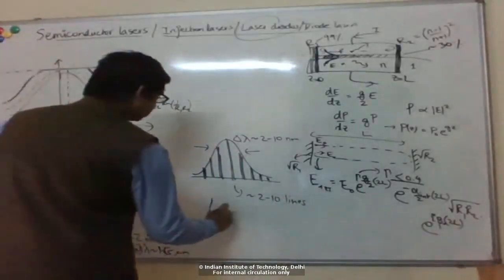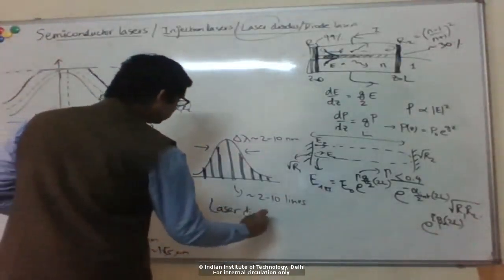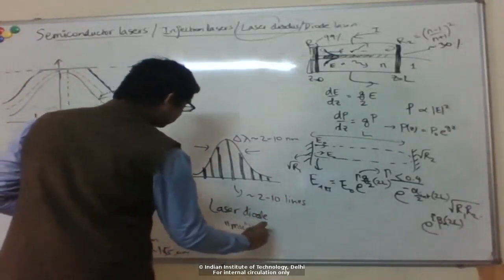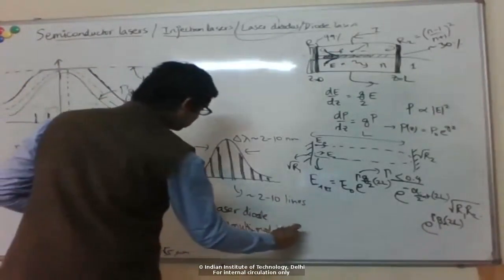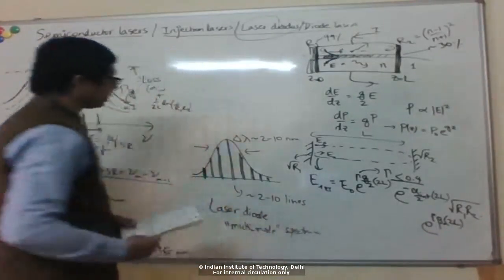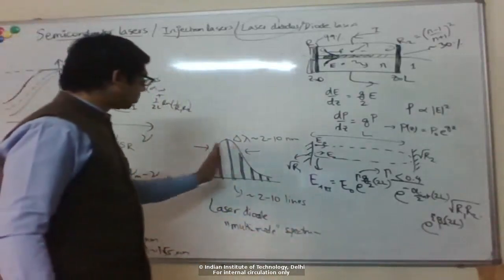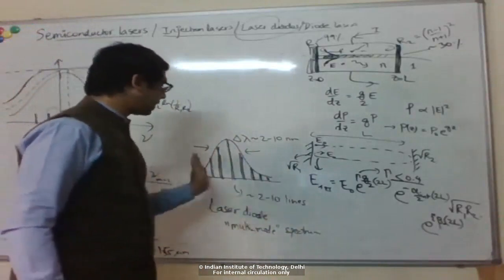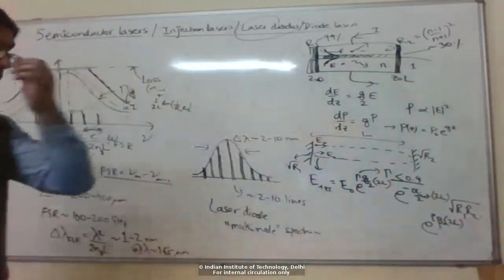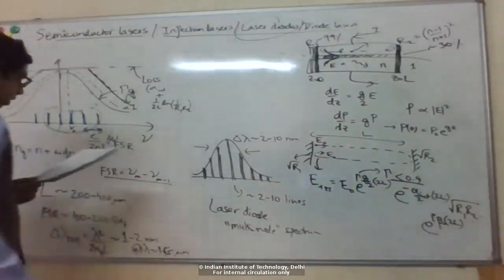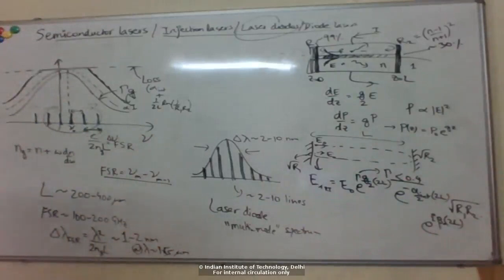So basically a laser diode has what is known as a multi-mode spectrum. It's not a single frequency, to be precise. It's a collection of frequencies, maybe 5 or 10 closely spaced lines.